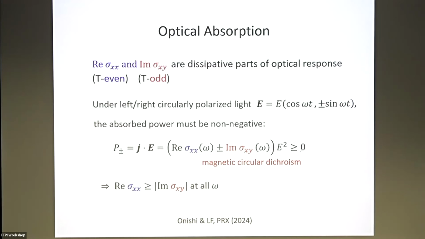Now, if we consider left or right circularly polarized light, where the electric field has x and y components that are pi over 2 offset in phase, then the absorbed power is J dot E, which is the real part of sigma xx plus or minus the imaginary part of sigma xy, times E squared. And if you change the chirality of the light, the second term changes sign, and indeed for time-reversal breaking systems, the absorption under left or right circular light is generally different, and the difference is called magnetic circular dichroism.